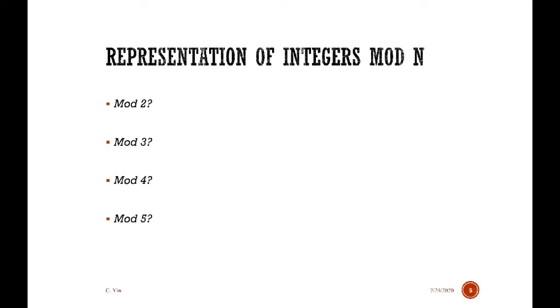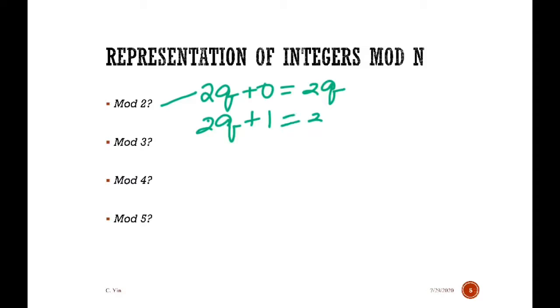So what that means is that when I'm trying to represent the integers mod 2, I could write this as 2 times q plus 0, or 2 times q plus 1. And of course you could just say 2q and 2q plus 1. So that's a way to represent numbers when you're doing things mod 2.